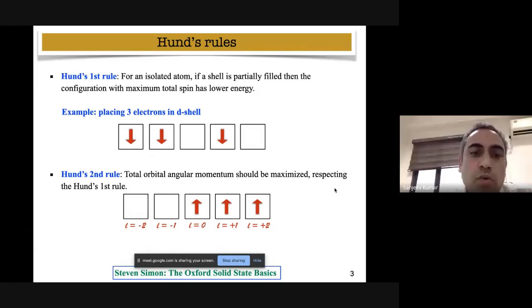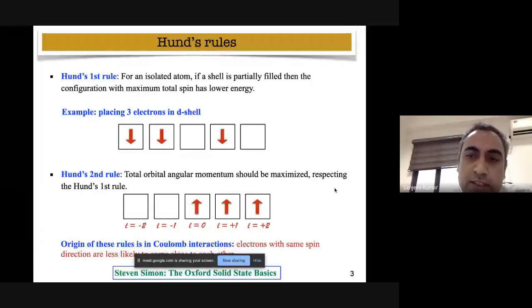Now, one question is, what is the basic physics behind these rules? Interestingly, this is an interesting read, and I would recommend all the students to take a look at Stephen Simon's textbook for this. The key point is that these are all Coulomb interaction driven effects.